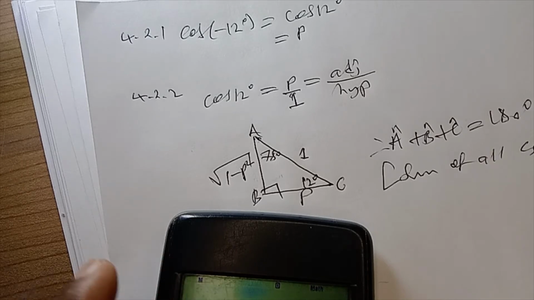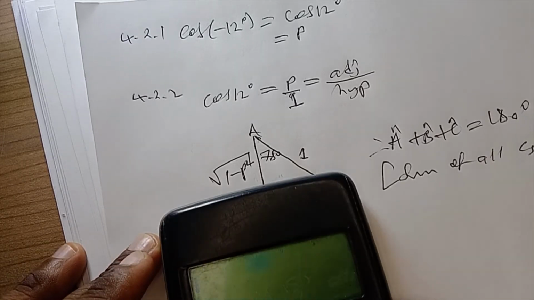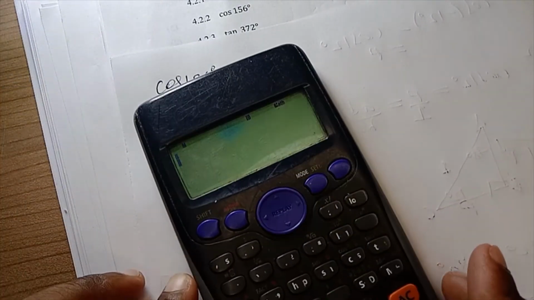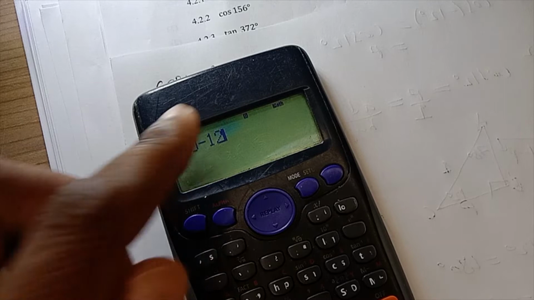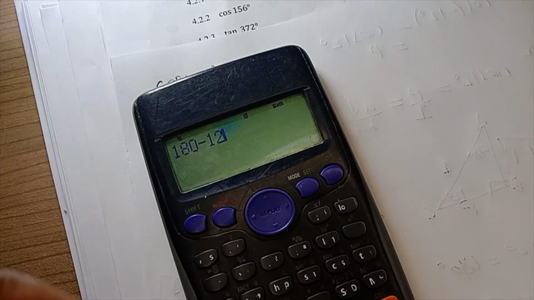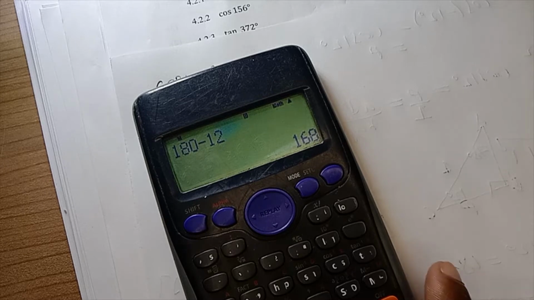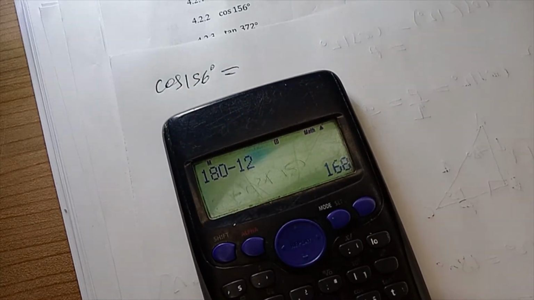Yes, and a special angle. Then in this case, for me to have 156, I can try 180 degrees minus 12, okay? 180 is a quadrant, 12 degrees is the special angle that I'm having there.